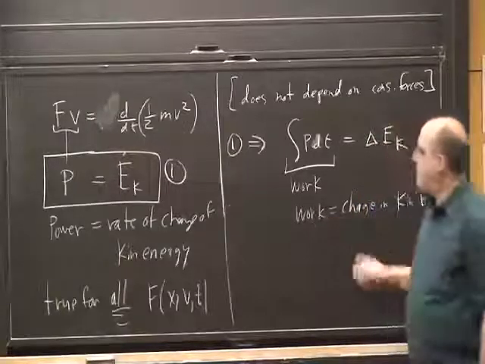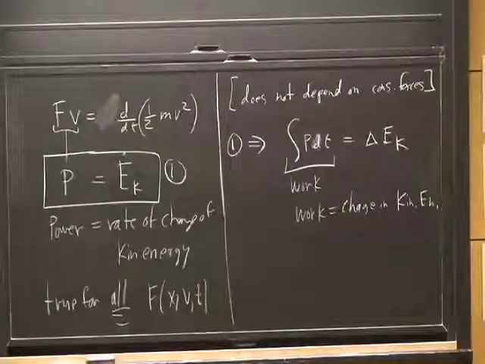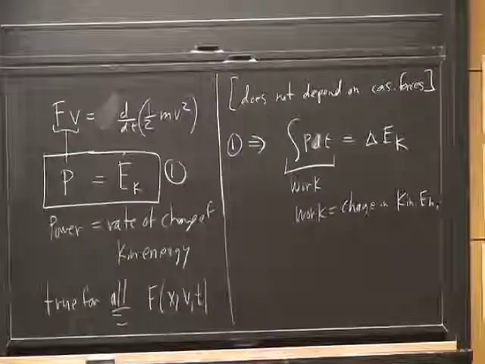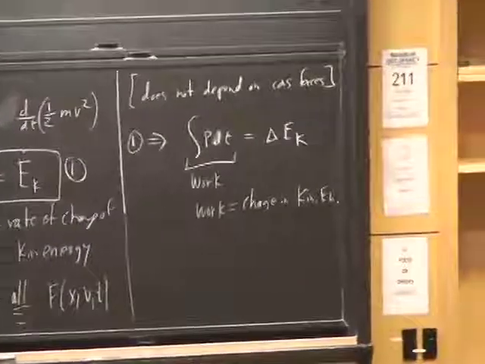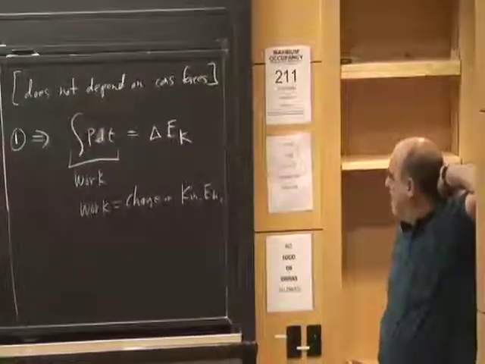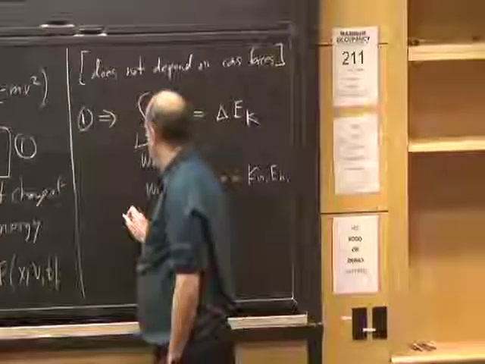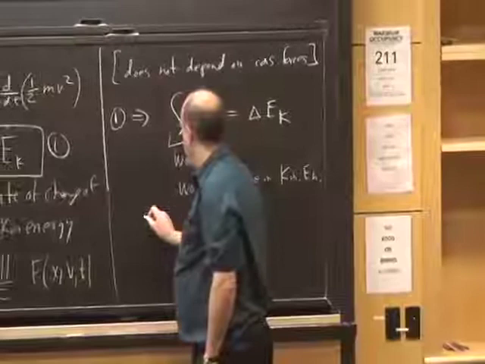Now this form is not the form which is used most often in elementary physics, because it's not the form for which you can do the most simple problems, of which there are too many in high school physics classes. The form which is used most often in these classes is you say, let's look at the work term.